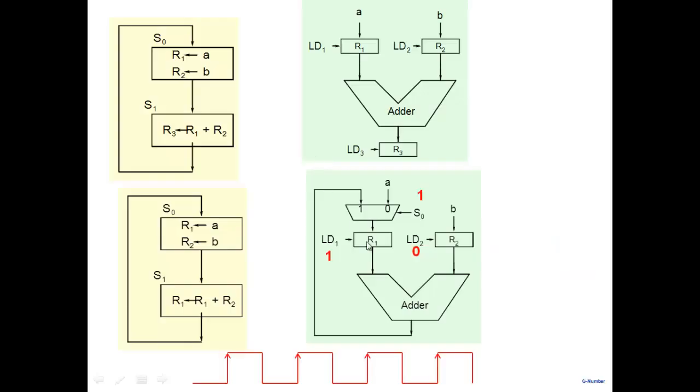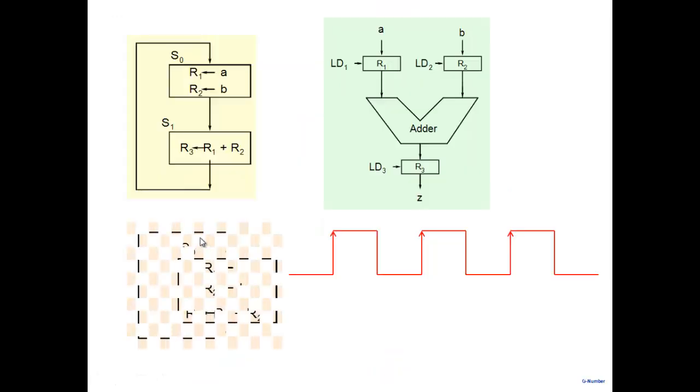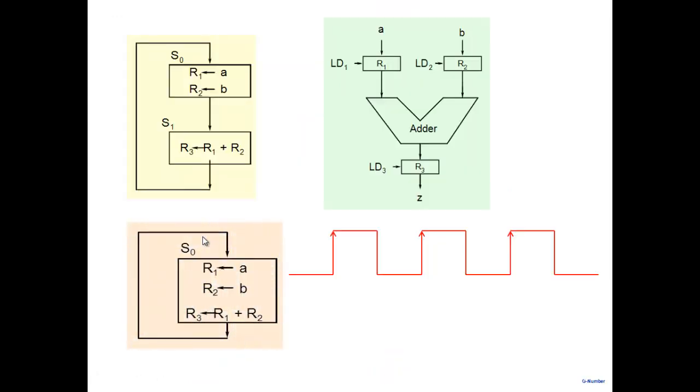Now, we said that we can do this. But in this case also, if you go back, how is the adder utilization? Still only one clock cycle it uses here, 50%. Right? Now, can I do this? Let's say initially R1 and R2 are initialized to whatever.